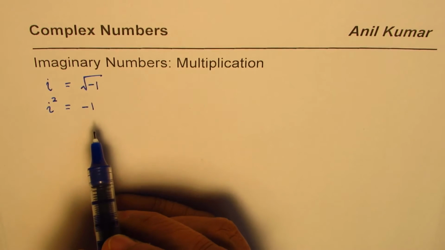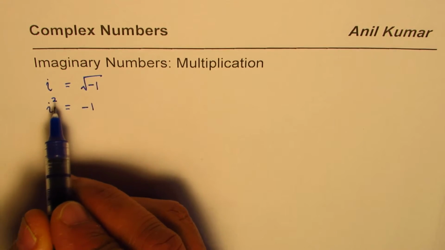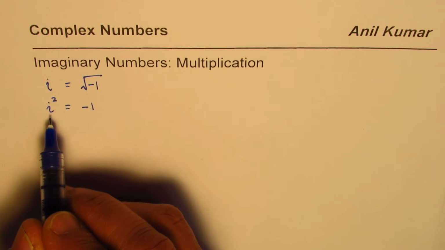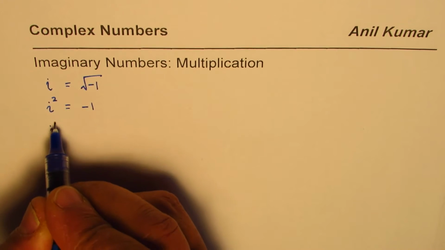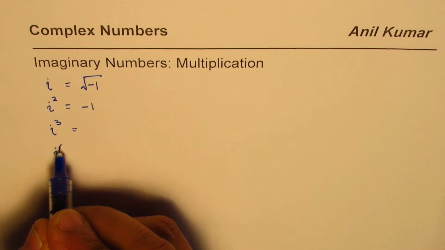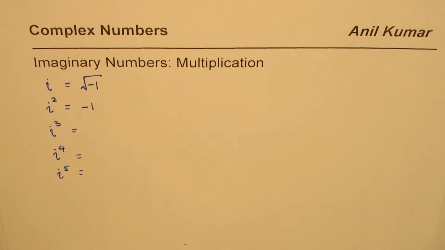Now let us explore further what happens when we are working with higher powers of this imaginary number i. That is to say, what is i cube, what is i to the power of 4, what is i to the power of 5, and does it have any kind of a pattern?